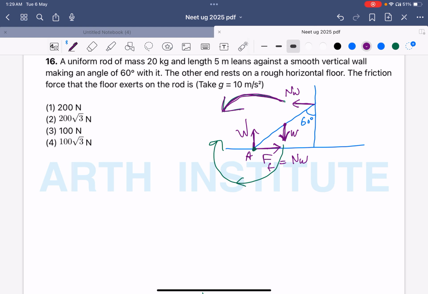Okay. And because sum of moments about any point in the system is zero, therefore normal reaction of wall into, let me call it as BC, should be equal to W into, let me call it as AM.